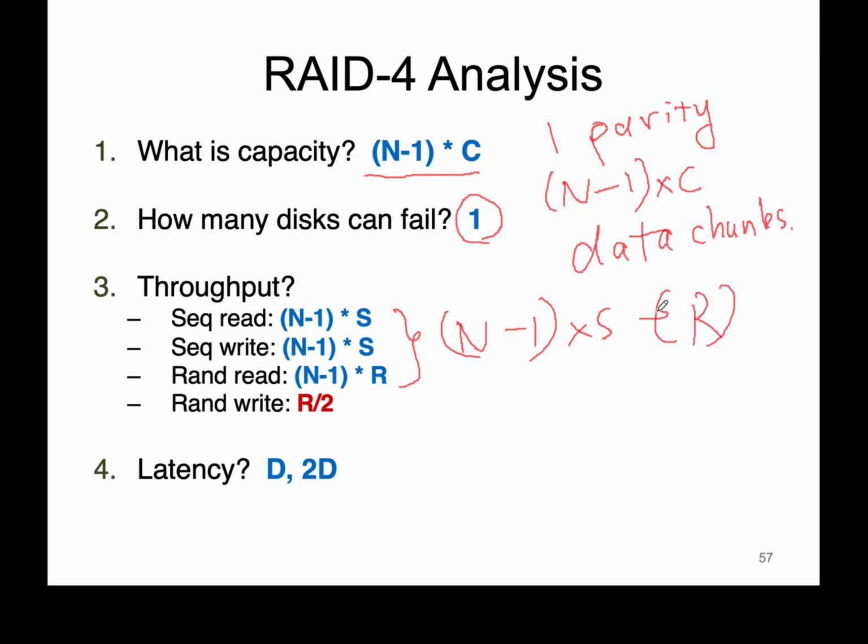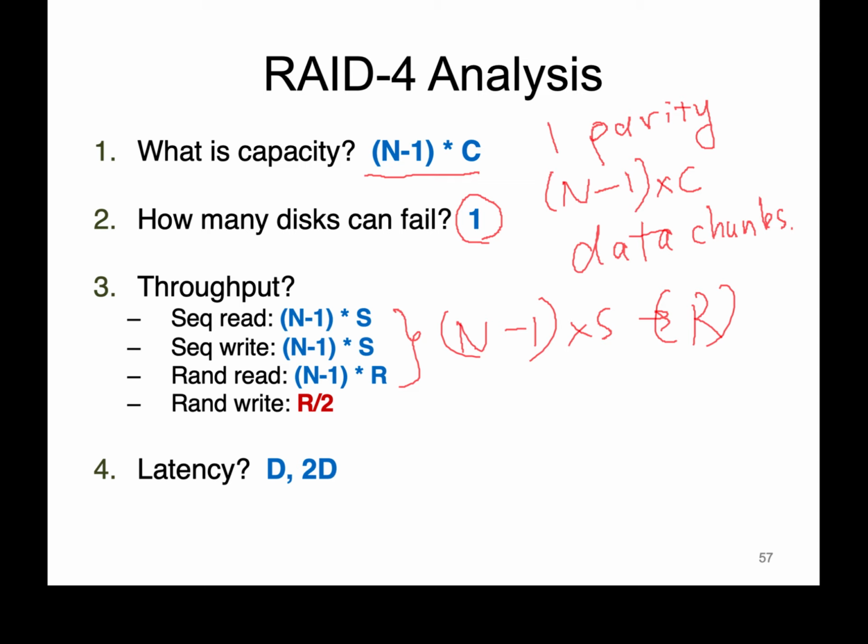This is because we have a total number of N minus 1 disks that are solely used for storing data effectively. So in order to sustain this sequential read and write, and also random read, we can effectively use these N minus 1 hard disk drives.